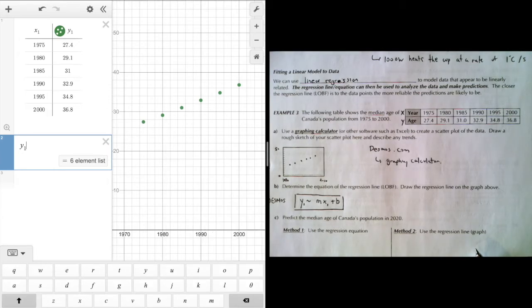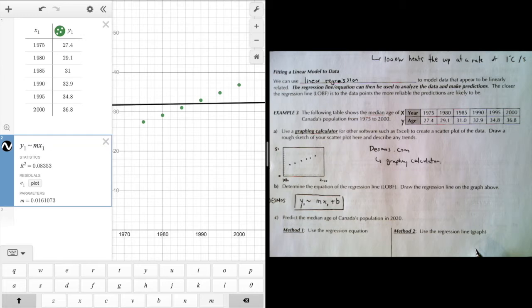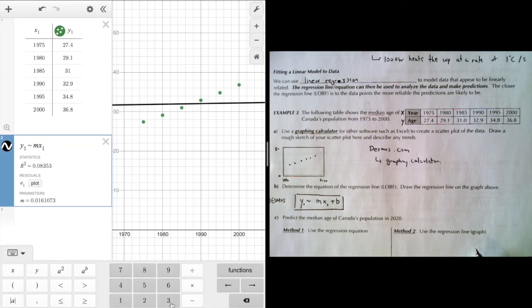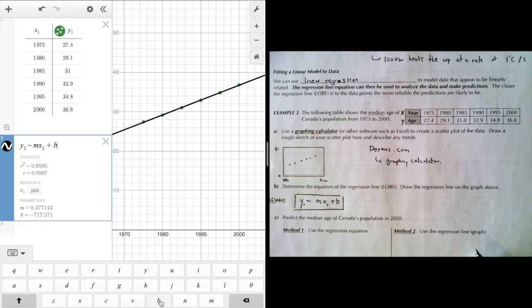Squiggly lines right here. And then M, and then X1, and then plus, and the letter B. There we go. We get a line on Desmos right there. And if we look down here in the table, it tells you what M and B are in your equation.